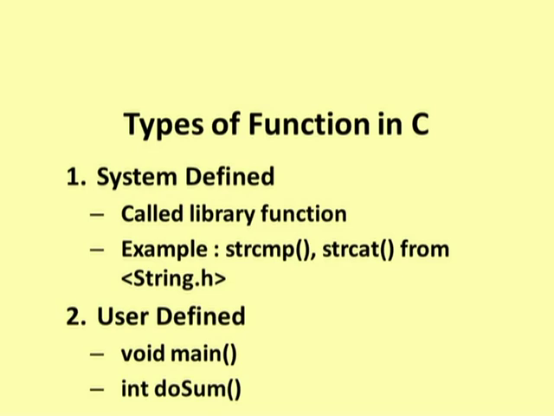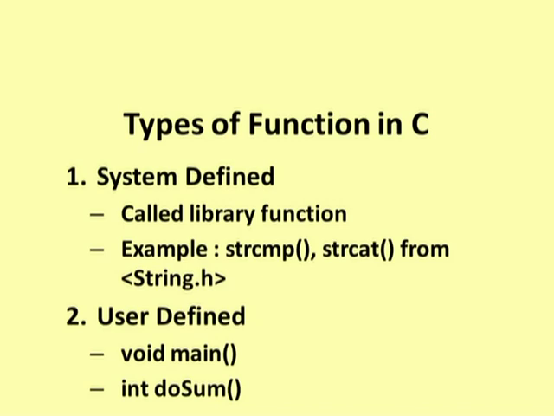Okay, now next point, that is the user defined function. User defined function means the statements available within the body of the function are written by the user. Here there are 2 examples. First one is the main, and second one is the do sum. Main is a user defined function; whatever statements are available within the main are written by the user, but the main keyword is reserved by the C compiler.